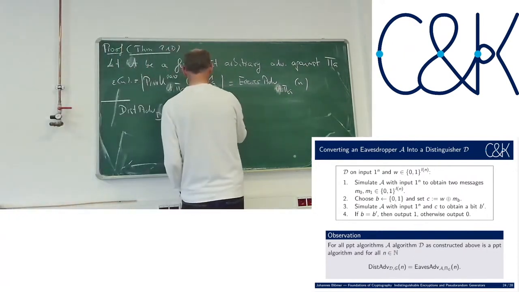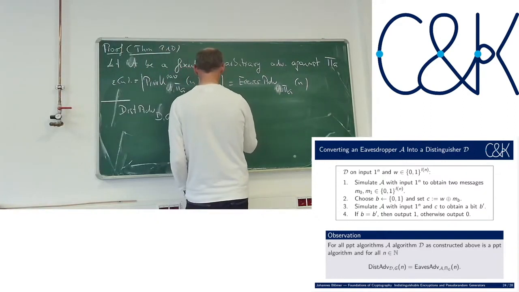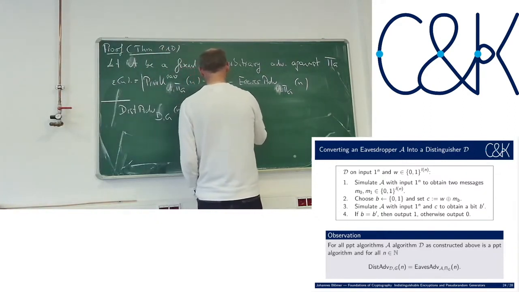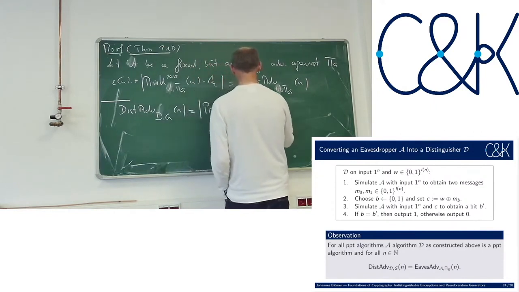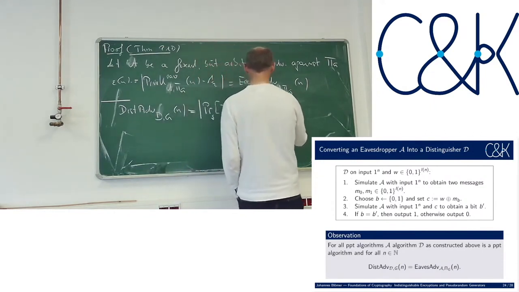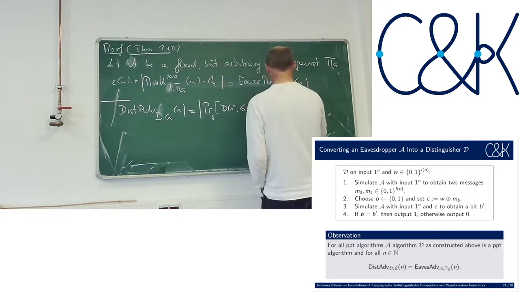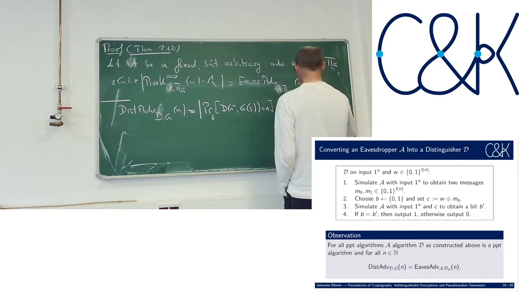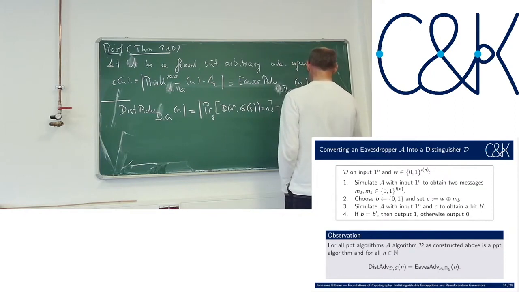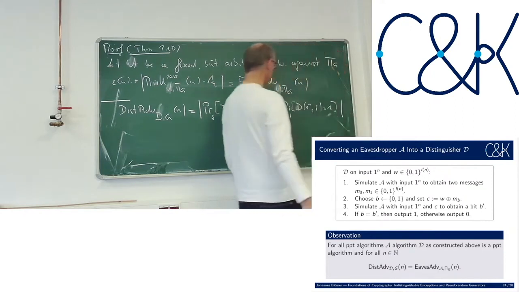This is the probability over the random choice of S that D on input 1 to the n and G of S outputs 1, minus the probability over the choice of R that D on 1 to the n and R outputs 1. Right? This was our definition.